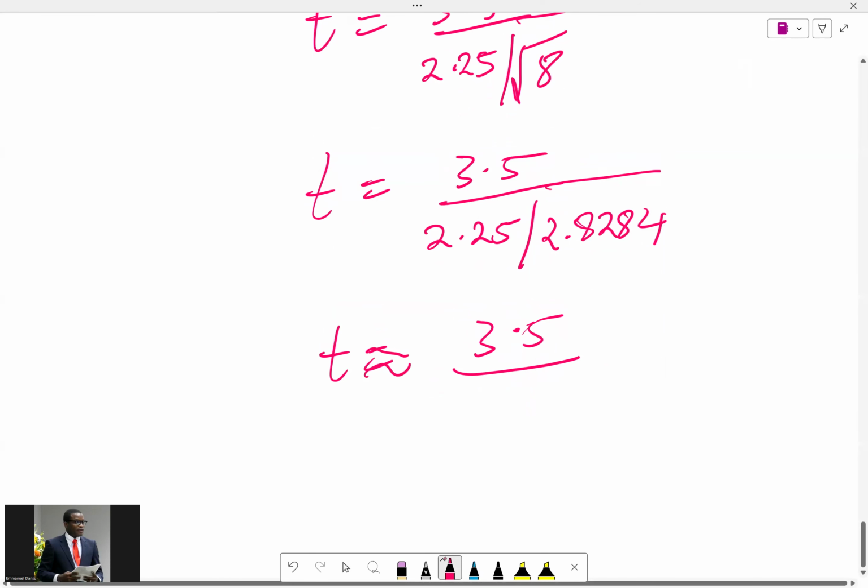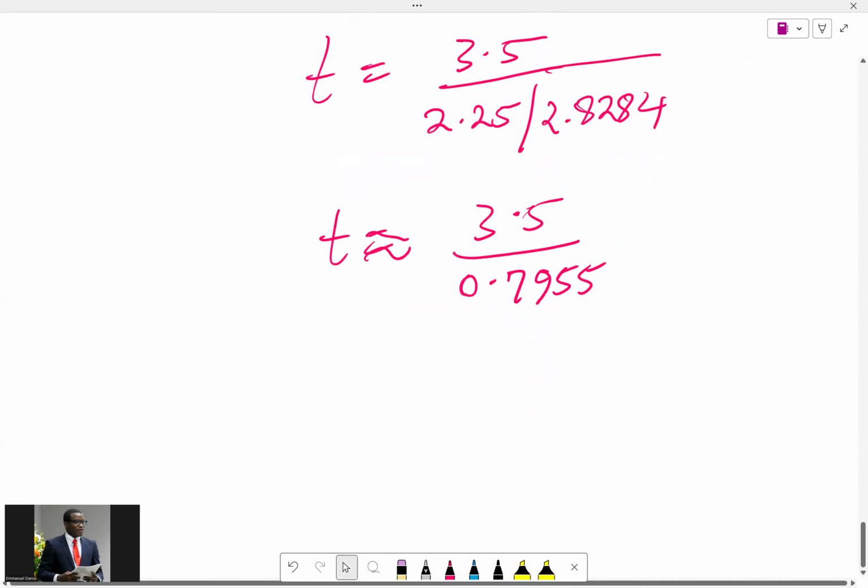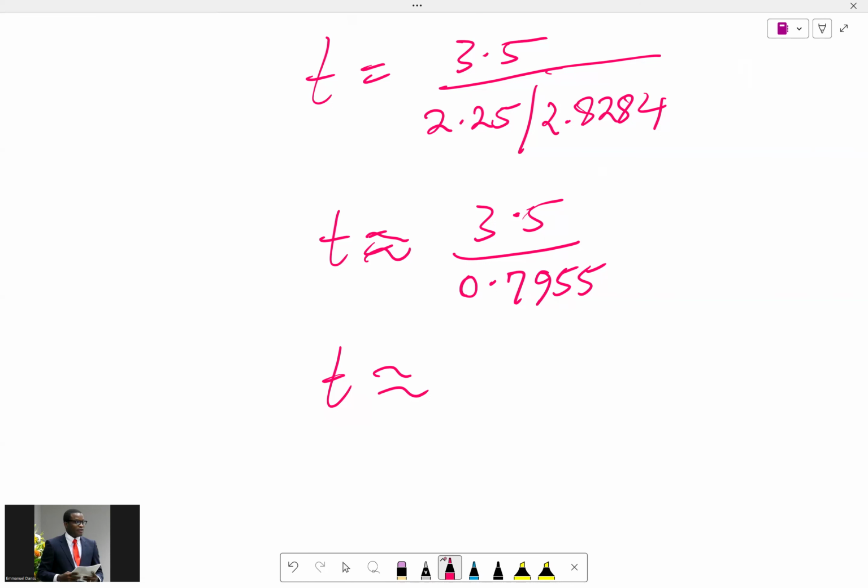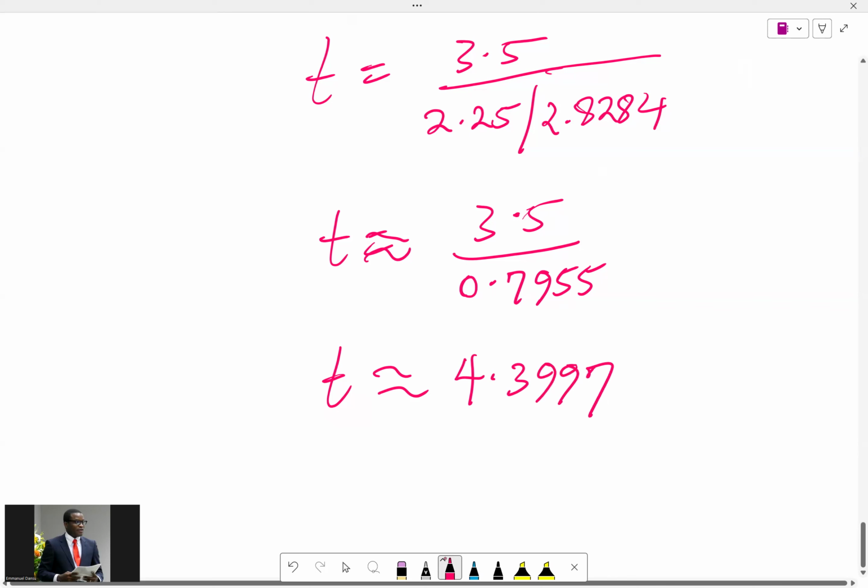This is 0.7955, so that t is approximately 3.5 divided by 0.7955. Okay, and that is approximately 4.3997. So that's the test statistic.